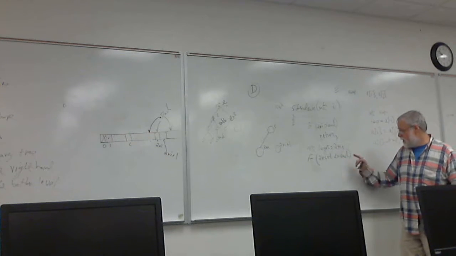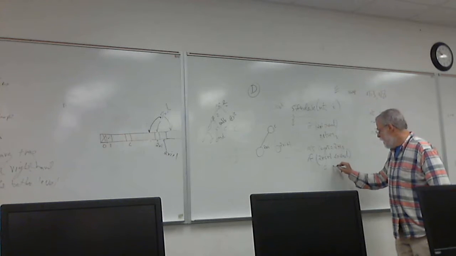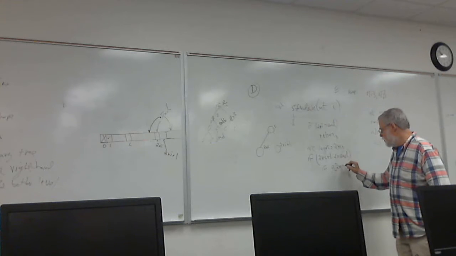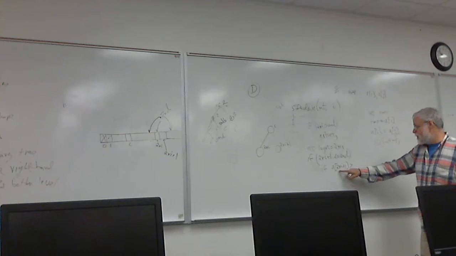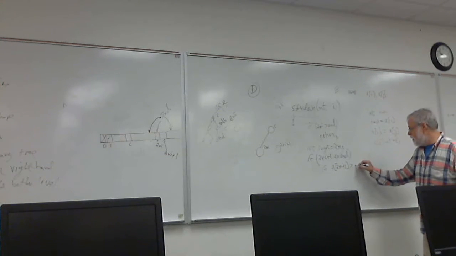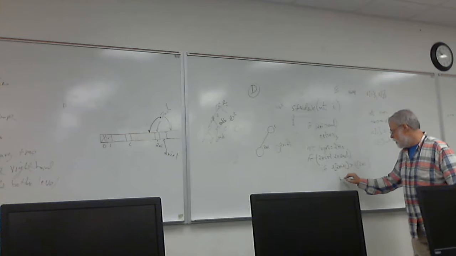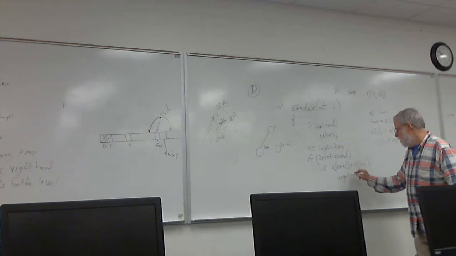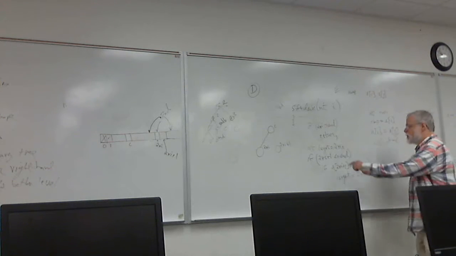So if A[2 times I plus 1], the value at this index, is bigger than the value at the left child, 2 times I, then in that case the largest is going to be 2 times I plus 1. So this is the first shot.